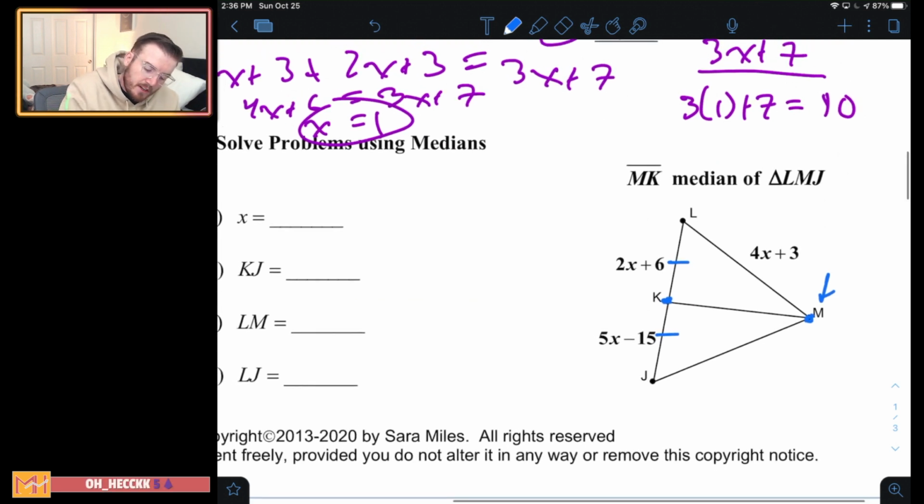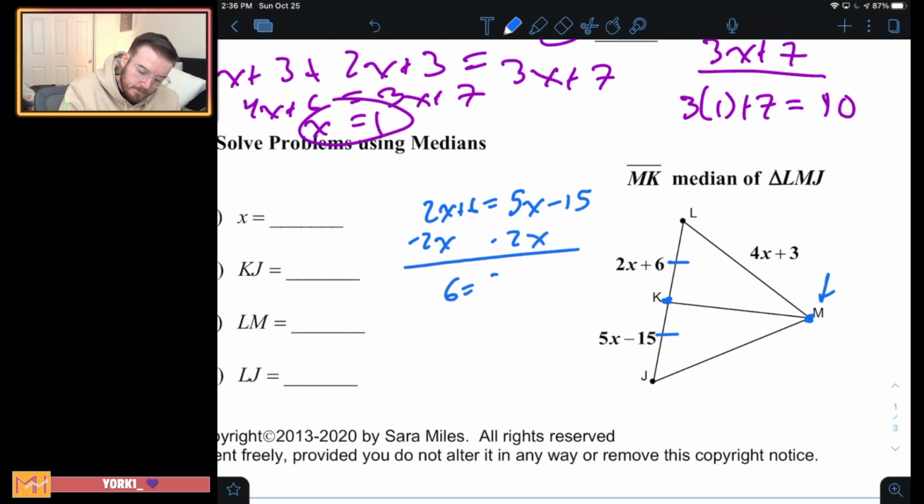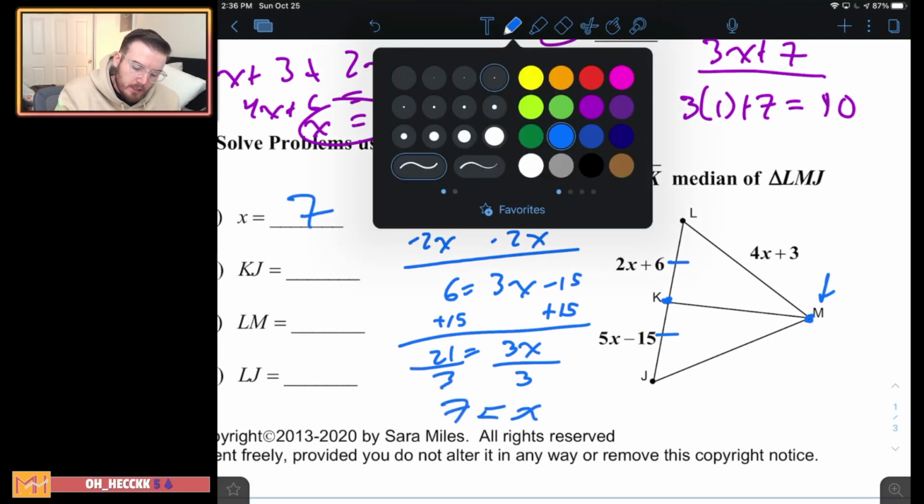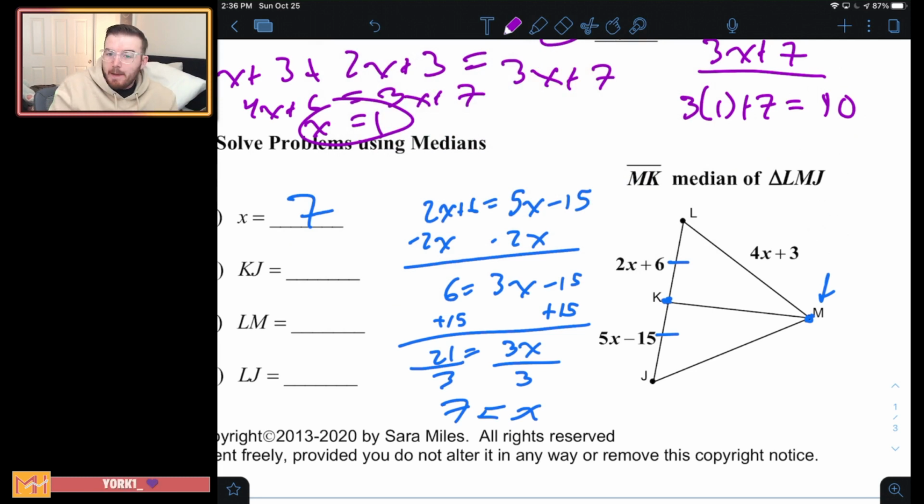So if we want to solve for x, simply set those two things equal to each other. So x is 7.